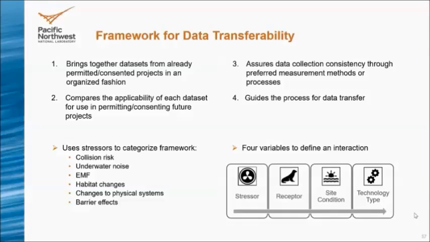And so the 6 stressors that we previously talked about really are the foundation of our framework, and they're used to categorize data that's collected for a specific stressor. For example, here you can see the 4 variables that are used to categorize a set of data.